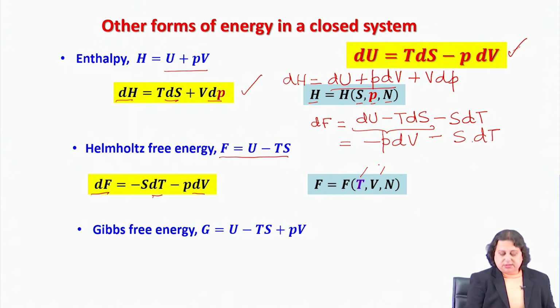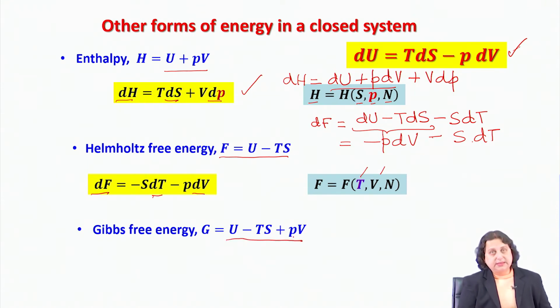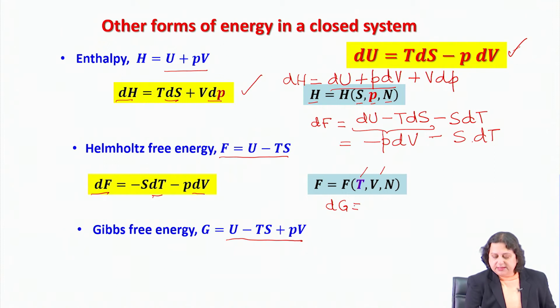Now think about Gibbs free energy. By definition, this is given by U minus TS plus PV. So what is dG? If I write this down, then I can find dG is equal to dU minus SdT minus TdS plus PdV plus VdP.